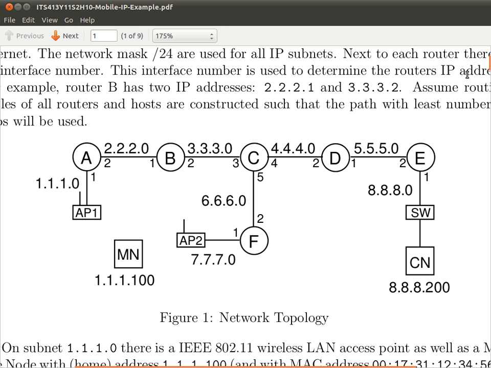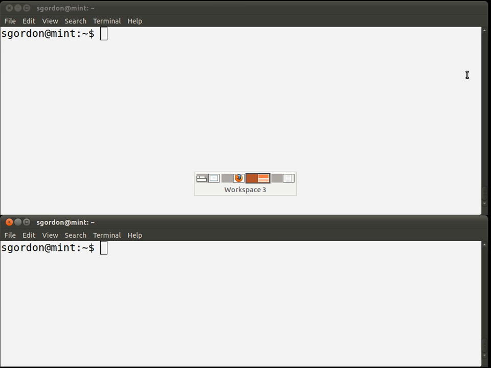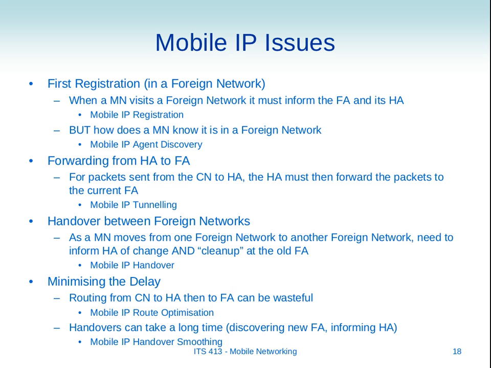Let's return to our slides and see what we've missed. We've demonstrated the main mechanisms for mobile IP. There are some special cases, we've just seen one of them, and there are others. And there are some optimizations to make the performance better.